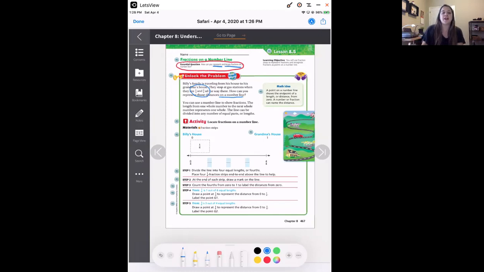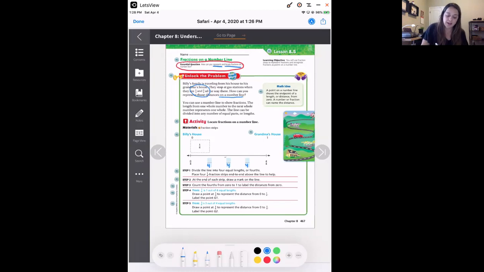What part of the fraction tells us the number of equal parts? Okay, if 1/4 is the fraction, the denominator tells us the equal parts. The denominator tells us the number of equal parts in the whole. Okay, in this case, look at the number line.